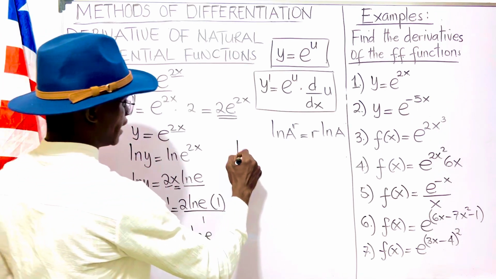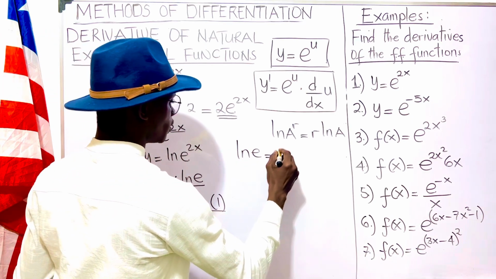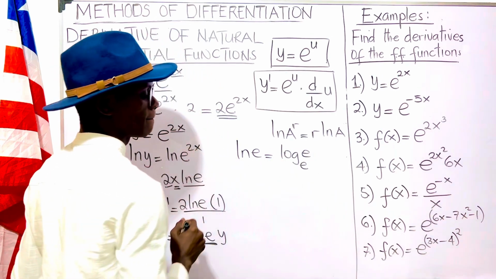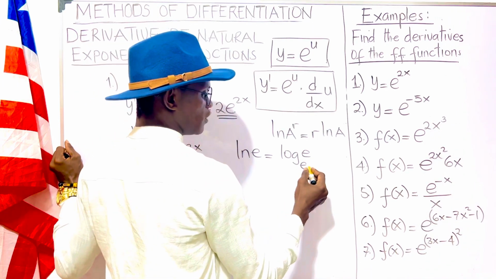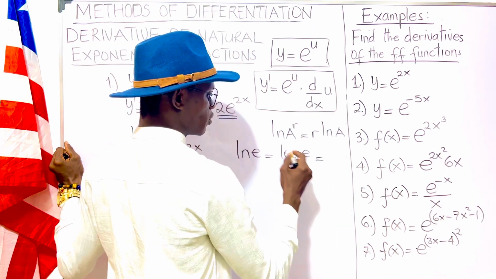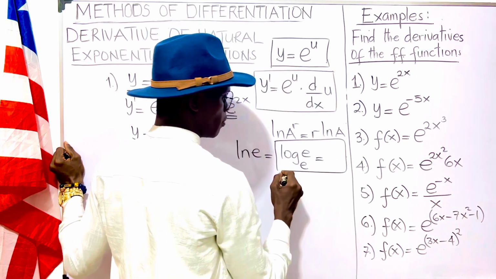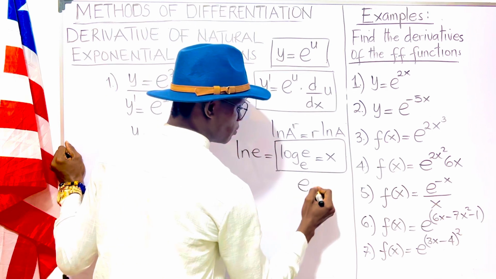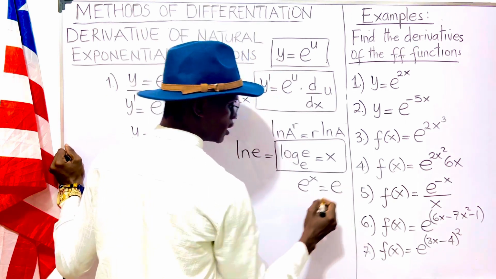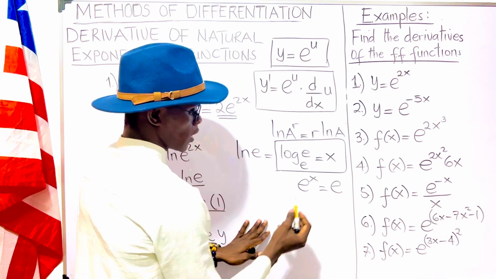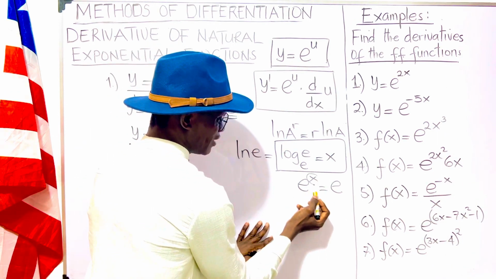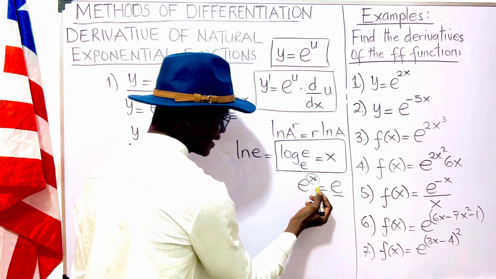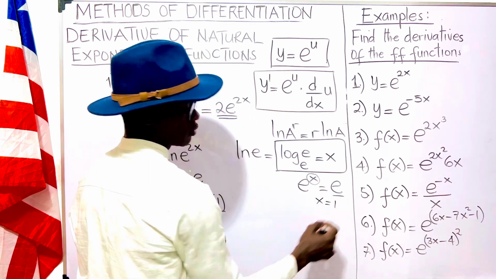We know that ln of e is equal to log of e base e. If you want to write this expression in exponential form, assuming that this is x, e raised to the power x equals e. So what value can x take that will give us e? x can only take 1.